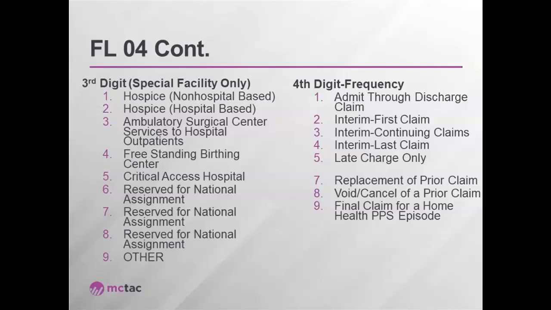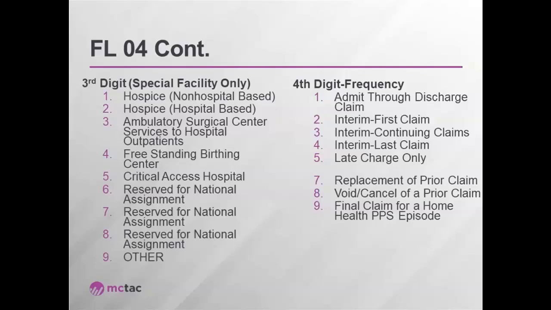So if you're submitting the claim for the first time, a lot of times providers would choose 2 to indicate this is your first claim. And if you're rebilling, either because you had a denial or there was an error or the managed care plan asked you to rebill, you really should be using number 7 in that instance.